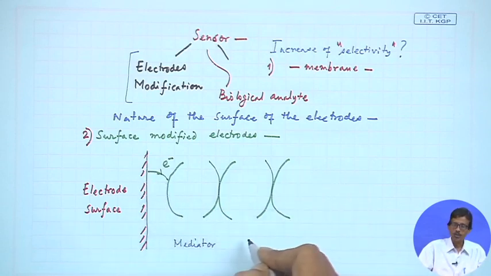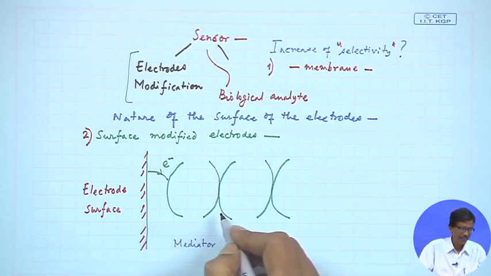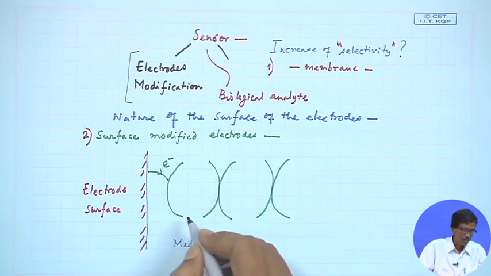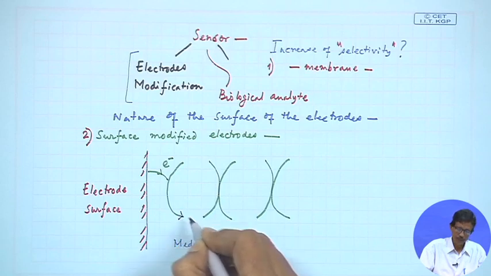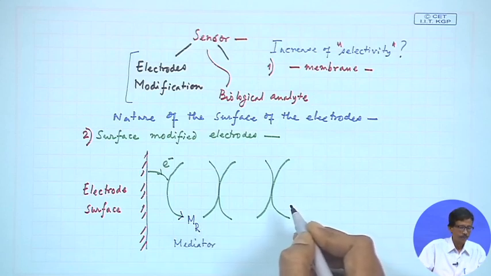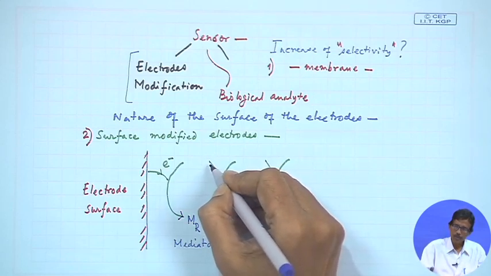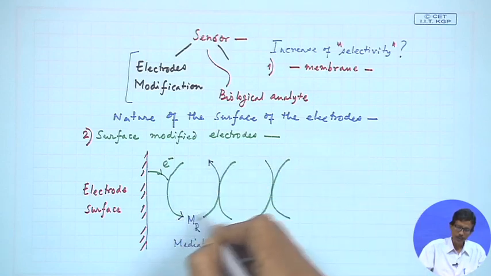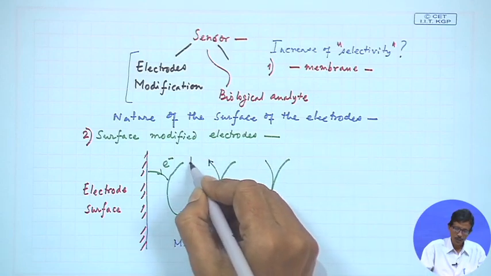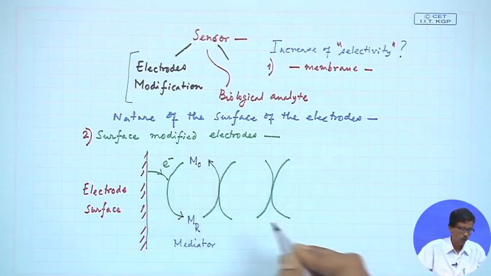So, carbon nanotube can be there, or some graphene sheet can be there. So, these mediators, once this electrode is going for that, you get the corresponding mediator in the reduced form, and this can settle between this. That means this mediator when it is going for the oxidized form is MO.